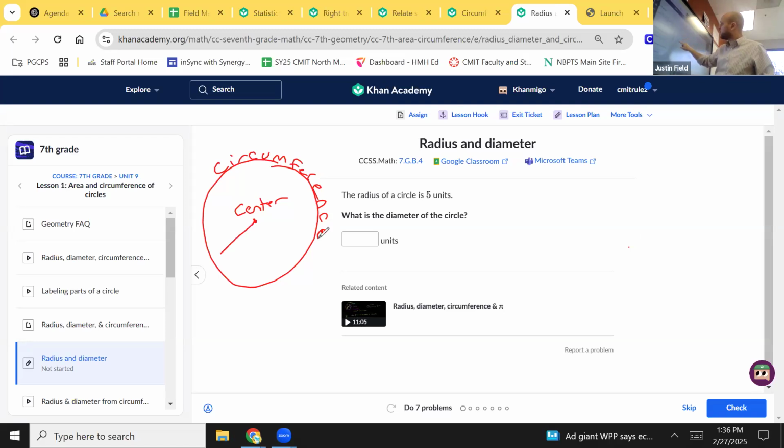We have a radius, which is from the center to the edge of the circle, or to the circumference of the circle. And then we have what I like to call, and others as well, from one edge to another edge through the center, that's called the diameter.